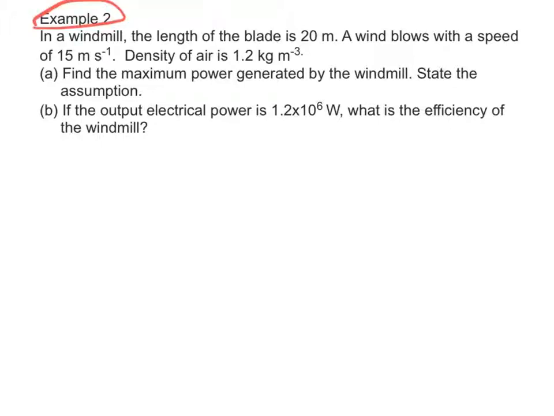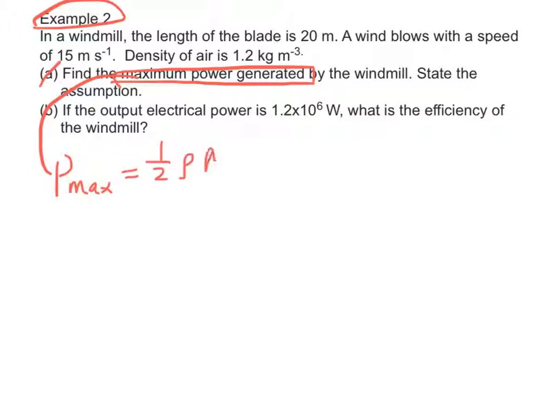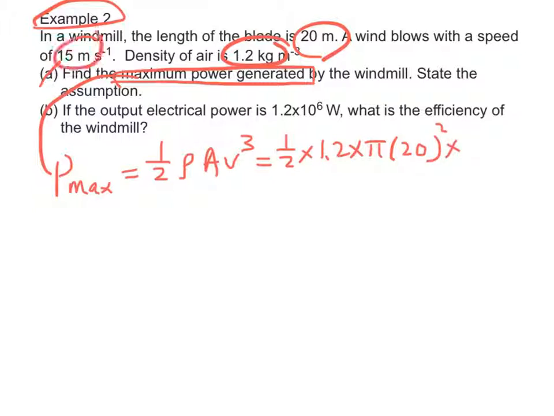Example 2. Part A. The maximum power generated by the windmill is equal to half rho AV cubed, equal to half times 1.2 times pi times 20 squared times 15 to the power 3, which is equal to 2.55 times 10 to the power 6 watt.